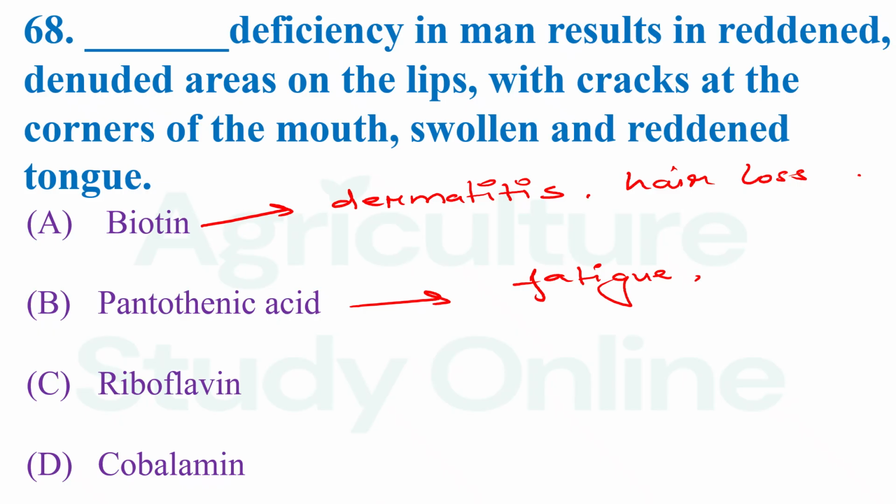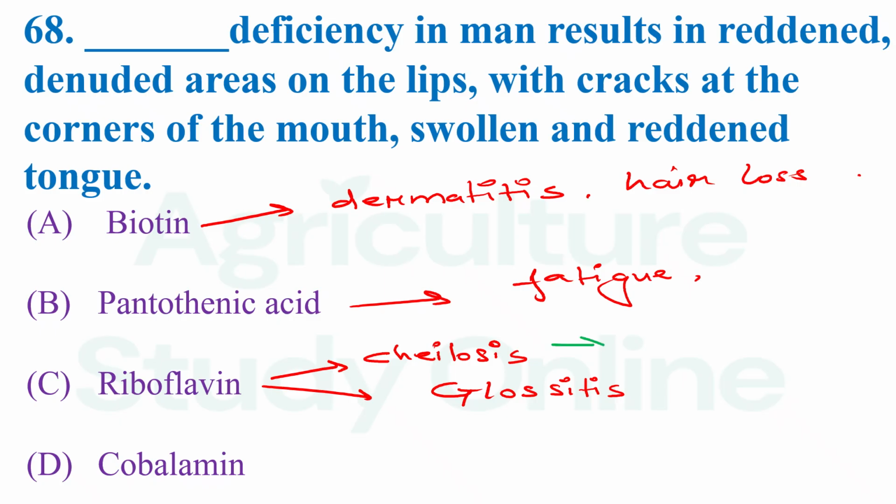There are terms for these, that is cheilosis and glossitis. Cheilosis means reddened lips, and glossitis means a swollen red tongue.